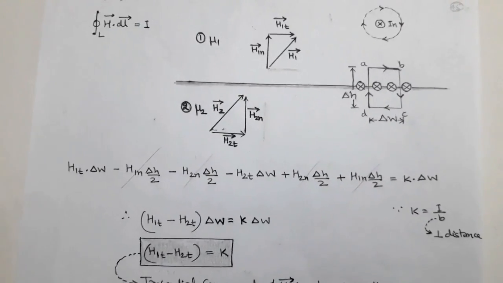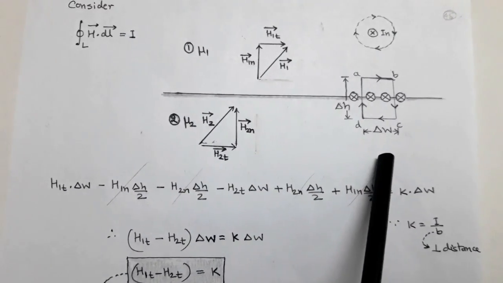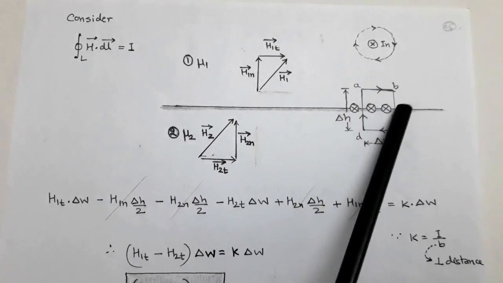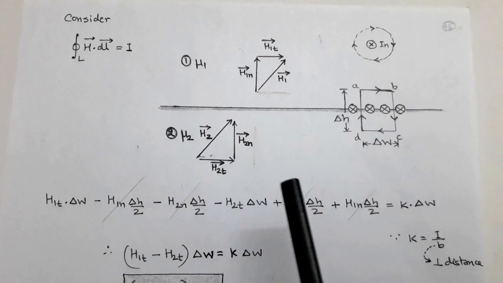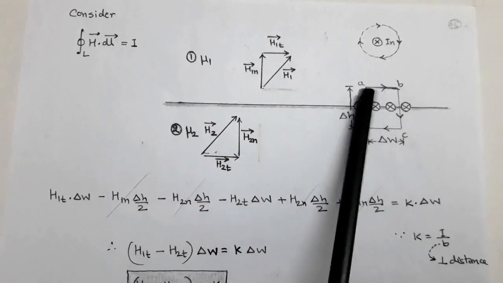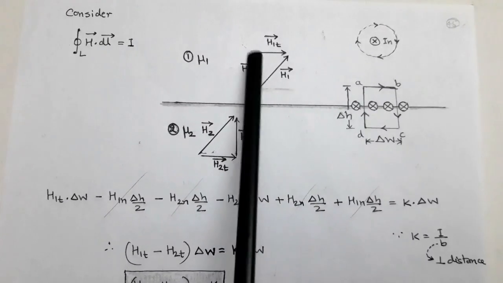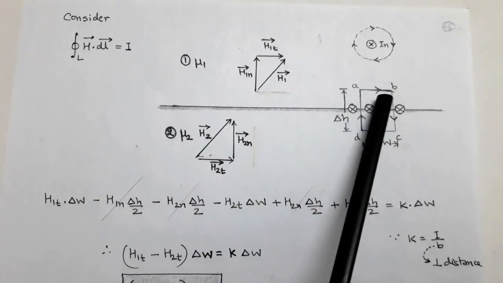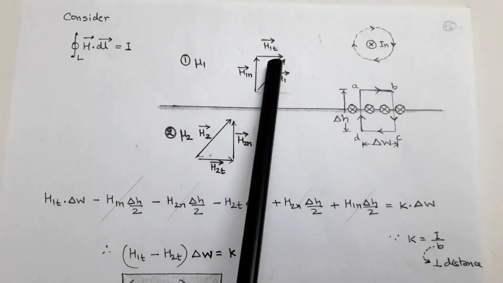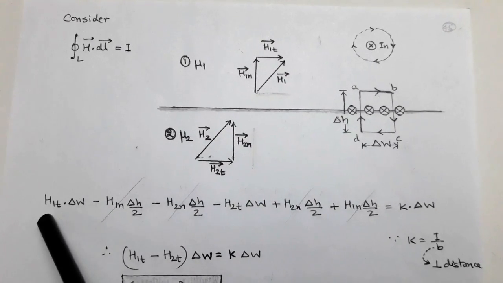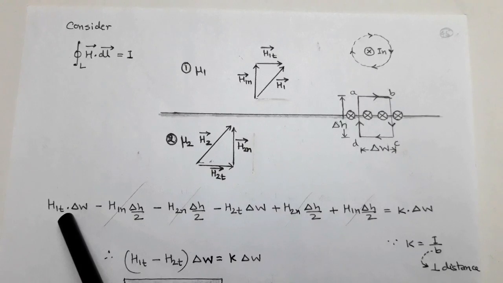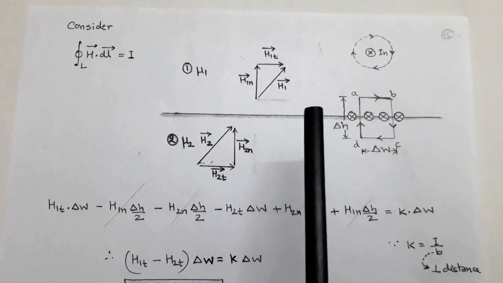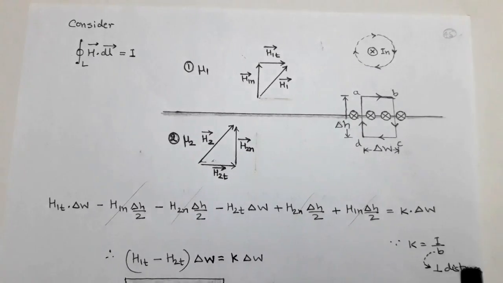On the left side we take the closed line integral. The closed line integral is broken into four paths, that is from A to B plus B to C plus C to D plus D to A. As we move from A to B, that is in medium 1, this path A to B is in the direction of H1t, and the dot product of H dot dl is H1t times delta W, because in this path the direction is from A to B. From A to B the direction of dl is the same as that of H1t.